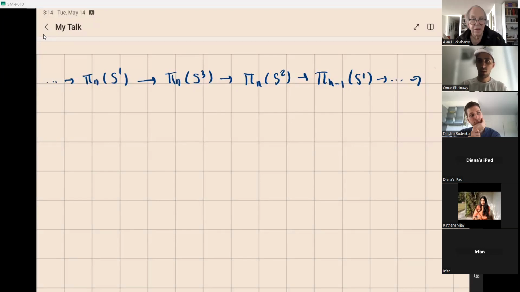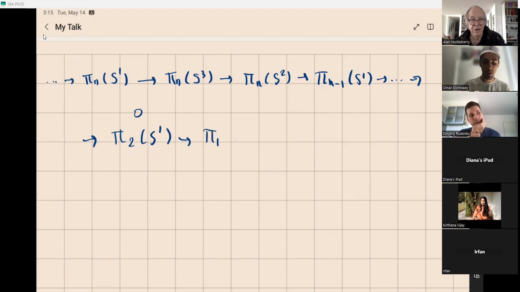So if we go on and write this until, let's say, pi 2 of S1, that's the last 0 we will get, because pi 2 of S1 is 0, but the other ones are not 0.